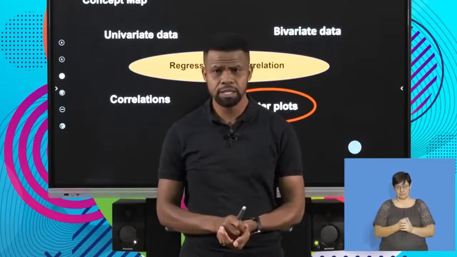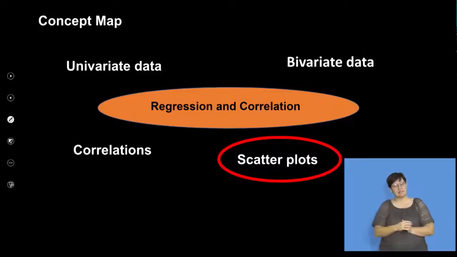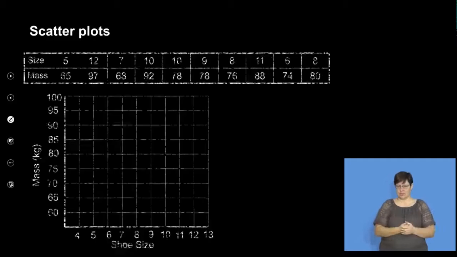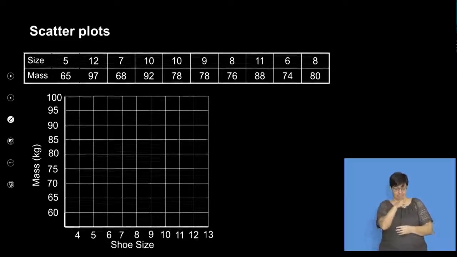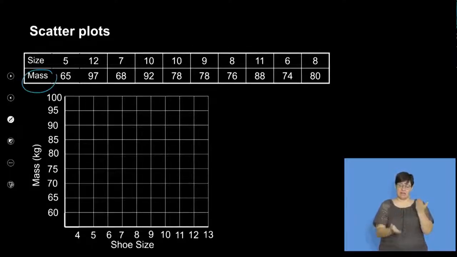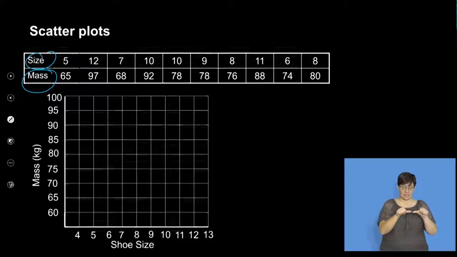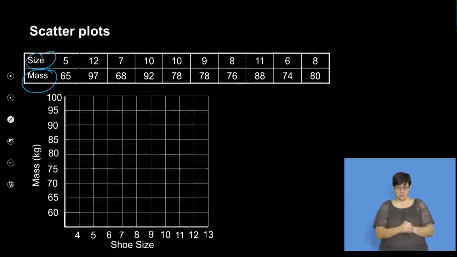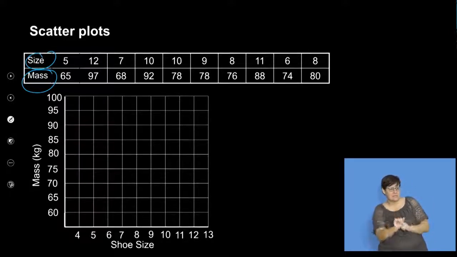Okay, let's see how we do that. So there's a scatter plot. Here I have shoe size and weight or mass of a person. So that's the shoe size and how much they weigh. The data was collected through a survey. We went to people and asked what is the shoe size and what is the weight?